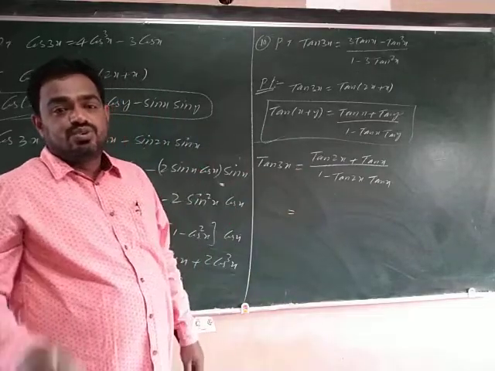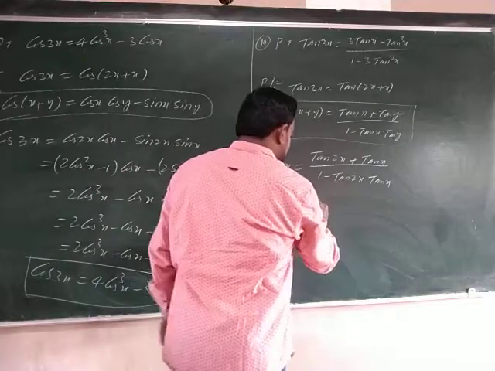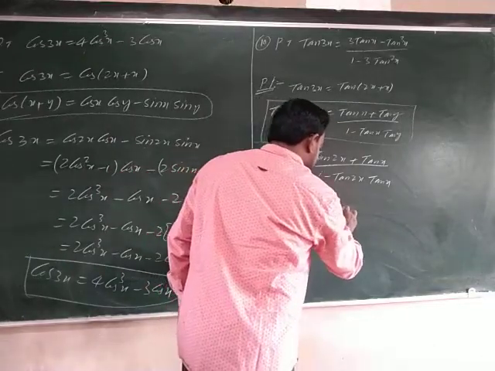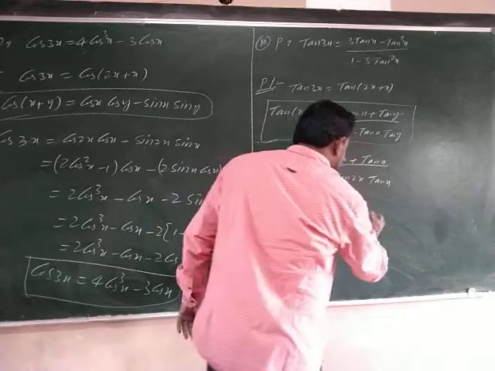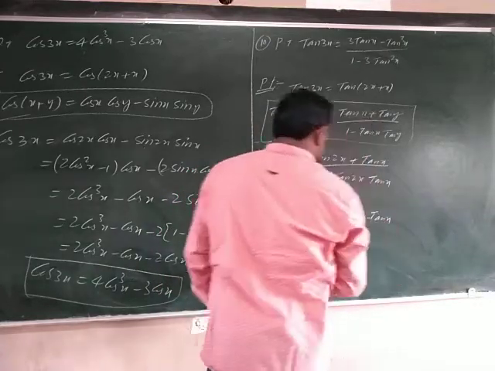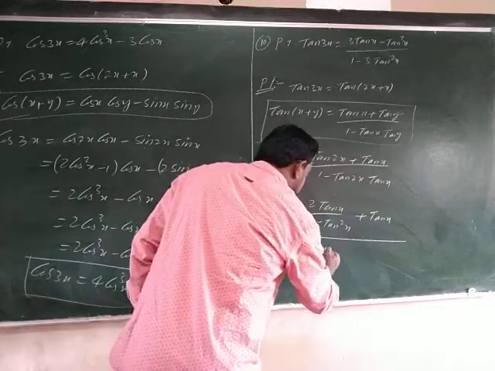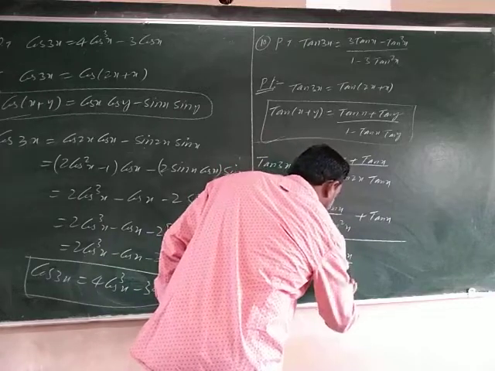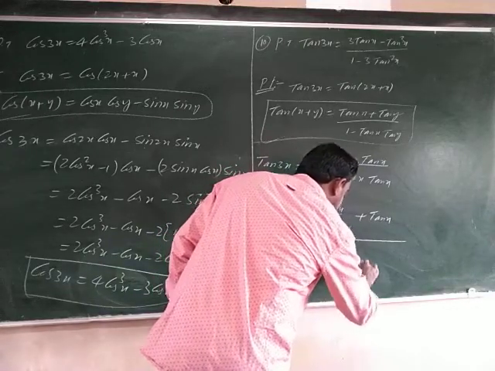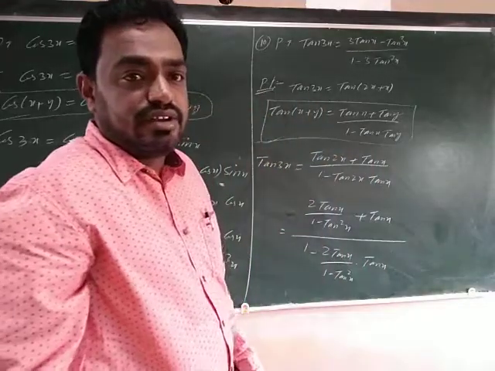What is that? 2 tan x by 1 minus tan square x. You substitute now: 2 tan x by 1 minus tan square x plus tan x as it is, by 1 minus 2 tan x by 1 minus tan square x into tan x. Right? Next.